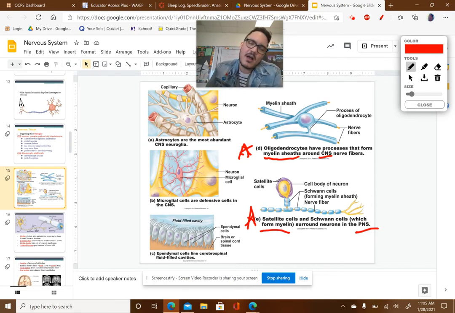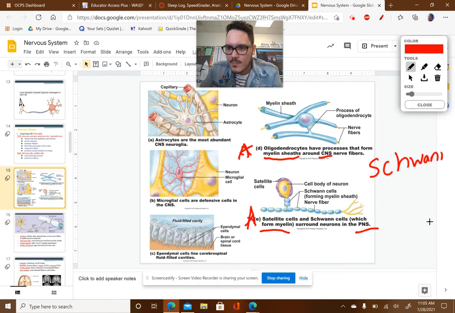So I do have a mini mnemonic for this. I had a student ask me, hey, is there a way to remember this? Because this would be like a 50-50 question on a test. What I think helps is when I see the word Schwann, named after the scientist who discovered this, to me, Schwann sounds very formal and regal almost. So I think of a really fancy bougie pen.